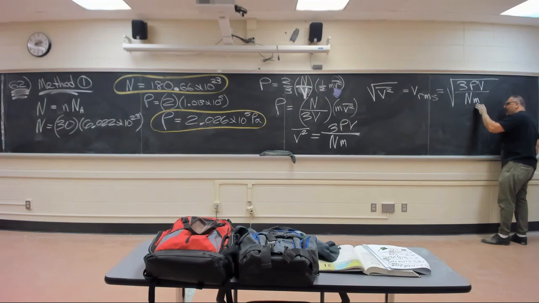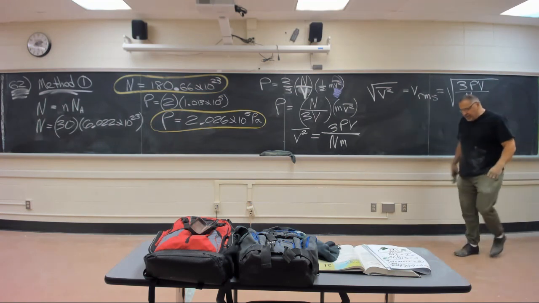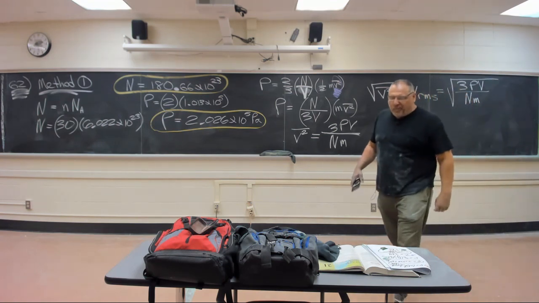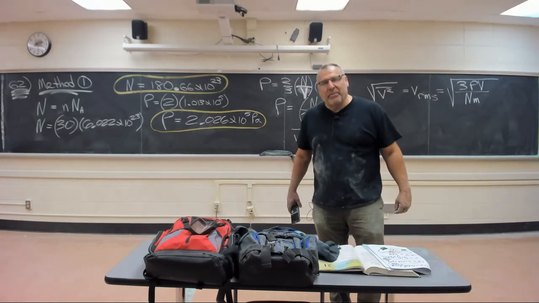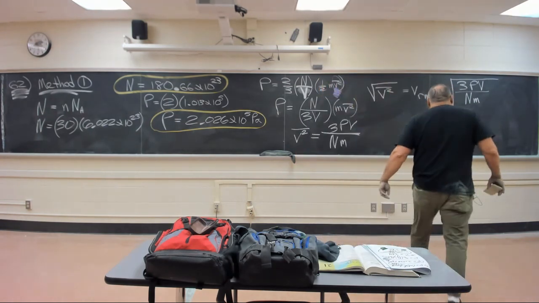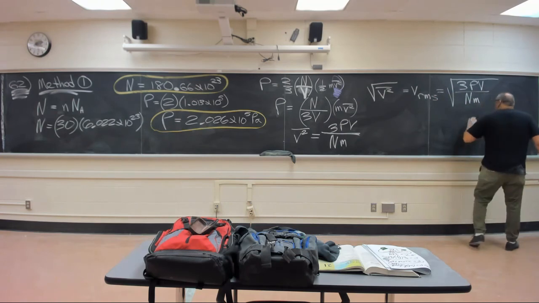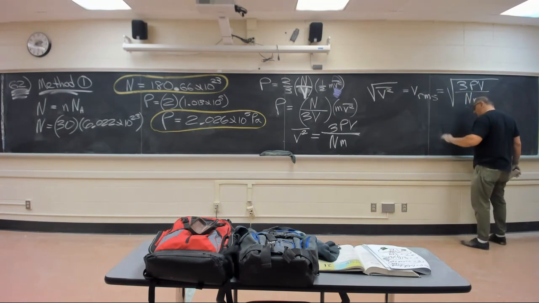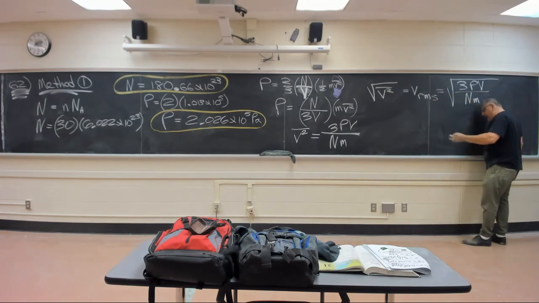CO2 is 12 plus 16 plus 16, which is 44 atomic mass units. 44 atomic mass units means it's 44 grams per mole. We go back to our chemistry. 44 grams per mole times 30 moles is 1.32 kilograms.